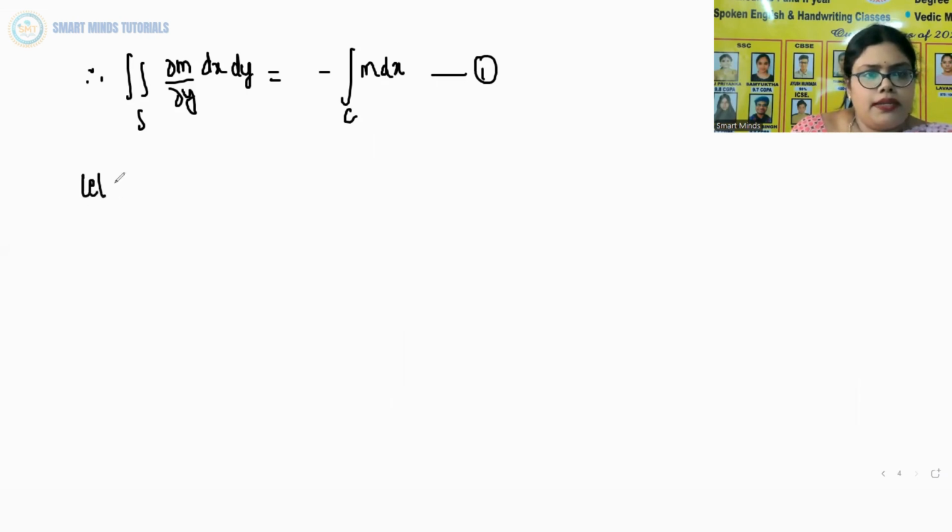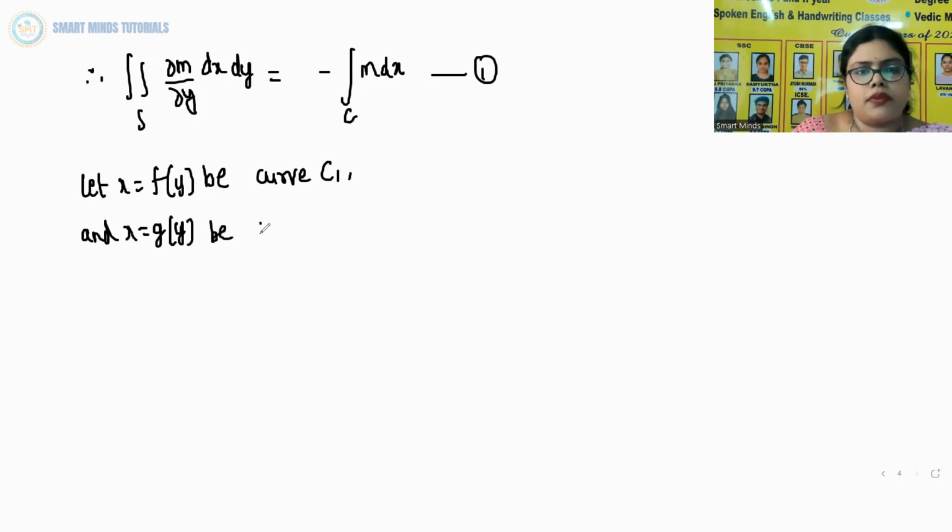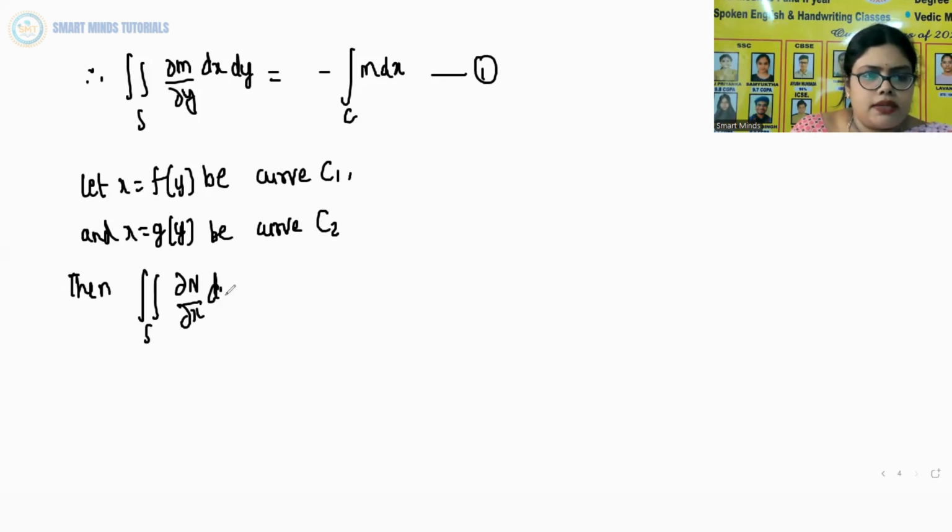Now let x equals f of y be curve C1 and x equals g of y be curve C2. Then the double integral of ∂N/∂x dx dy is equal to, now we apply the limits.